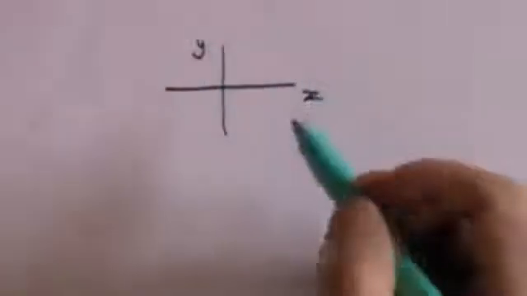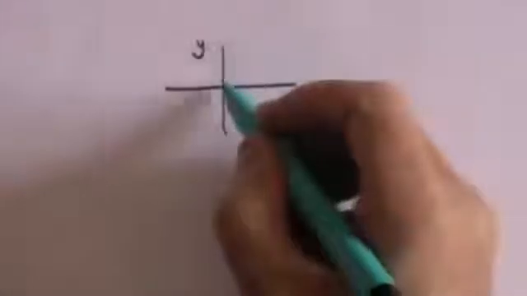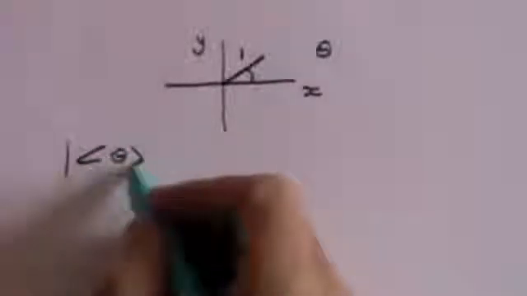So let's just repeat that on the xy plane, where this is x and this is y. If we've got a vector which is at an angle theta to the horizontal, and it's of length 1, then the vector, which we shall represent as this, that's the eigenvector, at an angle theta to the horizontal, is going to be characterized by two probability amplitudes, alpha and beta.